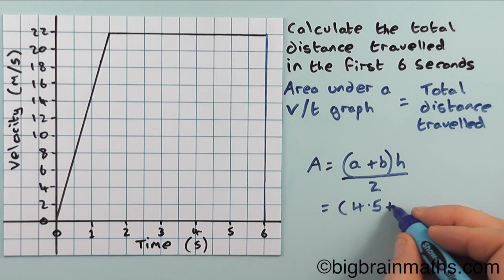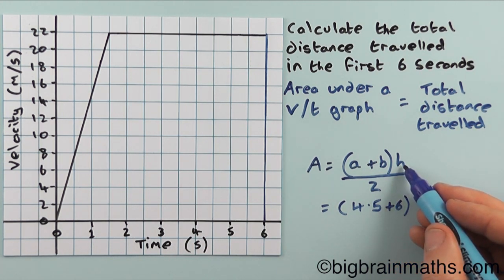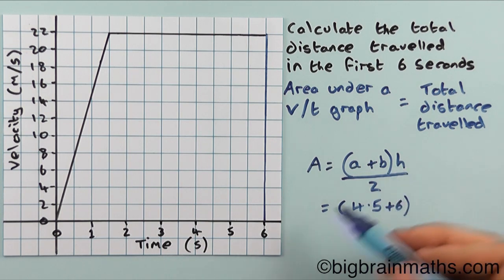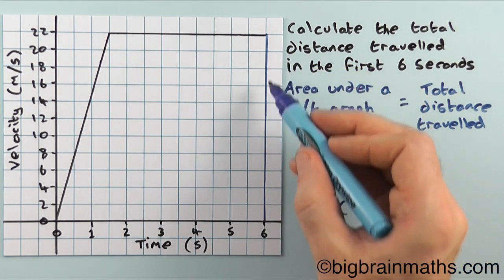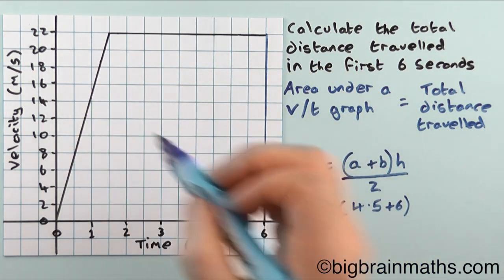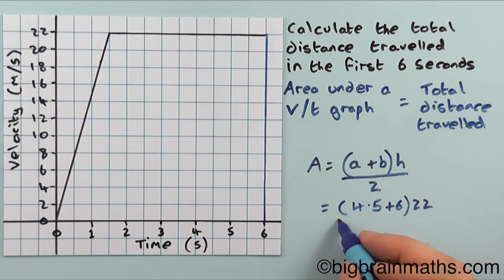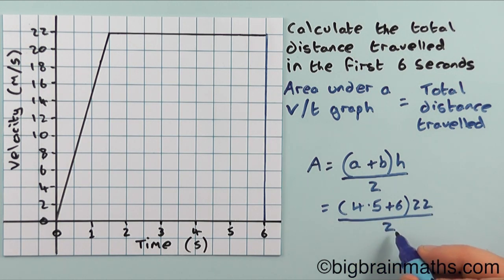So we have (4.5 plus 6) in brackets, and we need to multiply that by h, which is the height of the trapezium. And the height of the trapezium is 22. So we're multiplying this by 22, and then we want to divide all of this by 2.